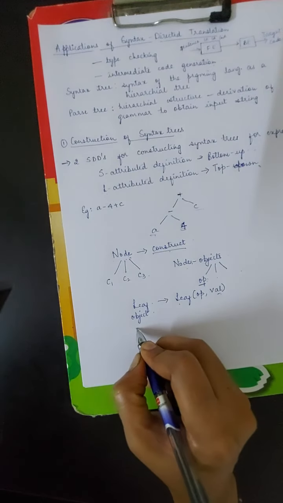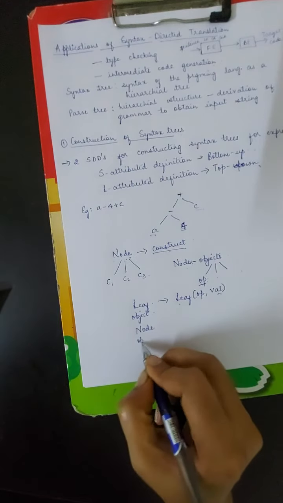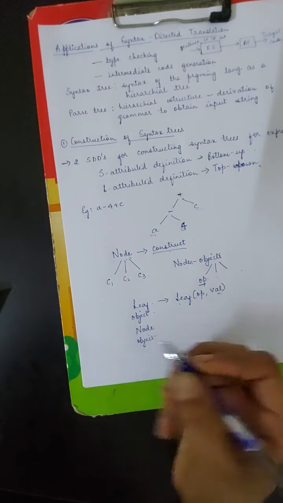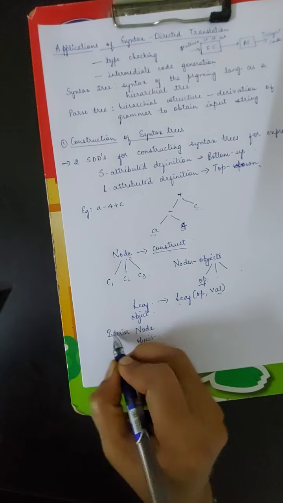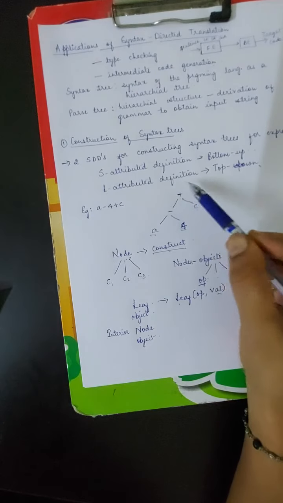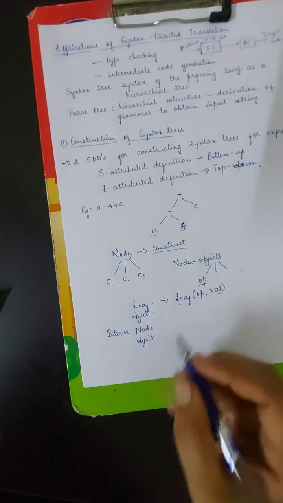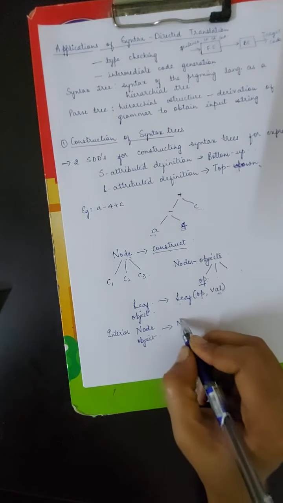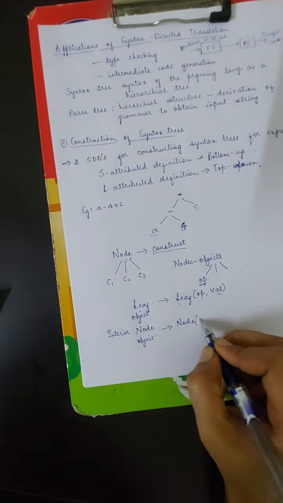Alright, so if there is an interior node object, let me write this as interior node. Other than leaves, whatever nodes are there are nothing but interior nodes. So those interior node objects can be created using this constructor function, which is node of OP.